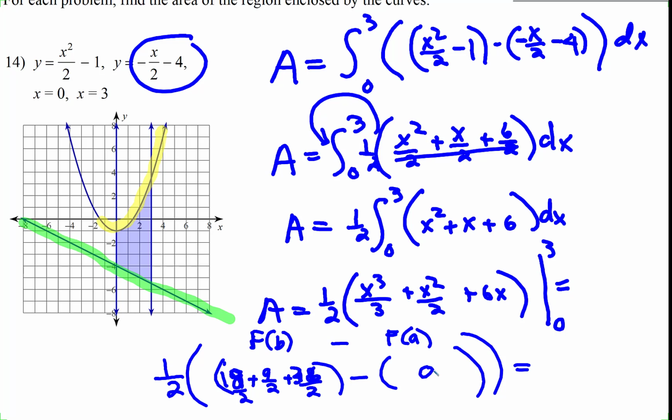So now all we have to do is add all of these things together. 18 plus 9 is 27, plus 36. So we've got 63/2 on the inside times 1/2. So that is 63/4.